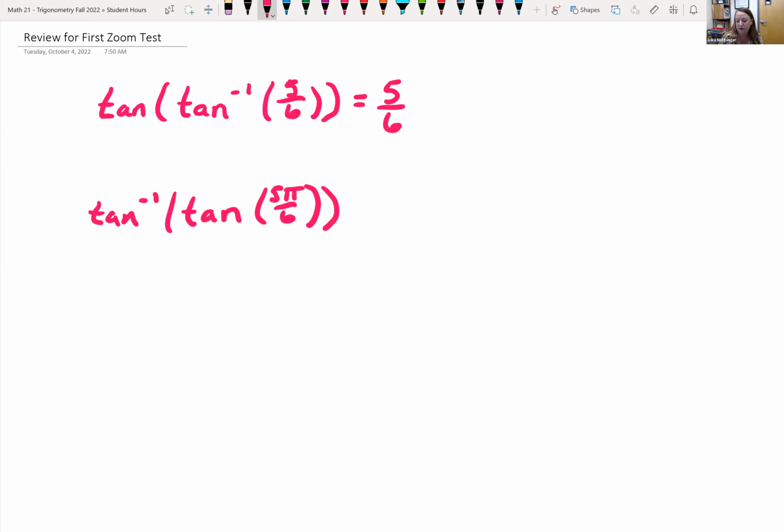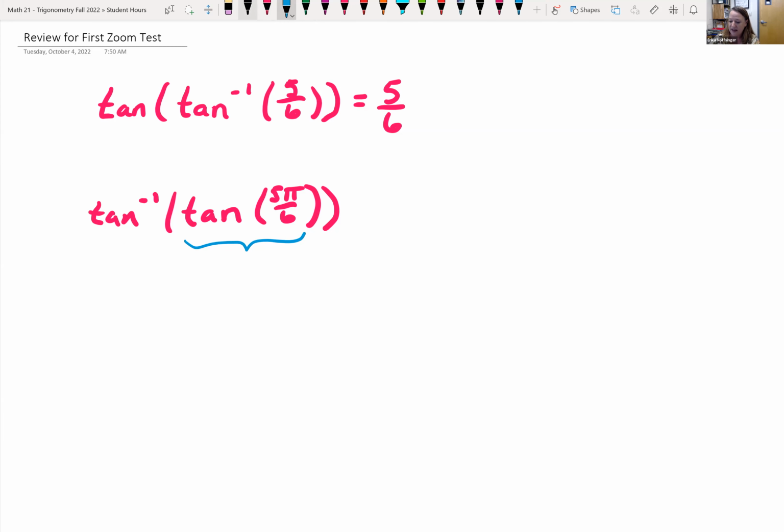Well, for tangent inverse, our output has to be between negative pi halves and pi halves, and 5 pi over 6 doesn't fall there. 5 pi over 6 falls in that second quadrant. And so in this case, we can't just undo itself. We would have to look at this tangent of 5 pi over 6.